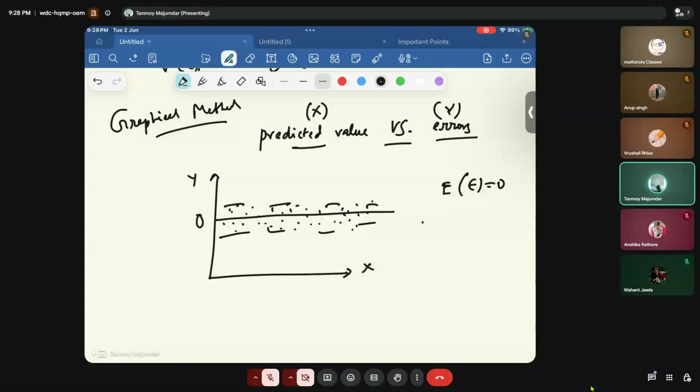So the variance of epsilon is also constant. So that means our result is unbiased and homoscedastic.